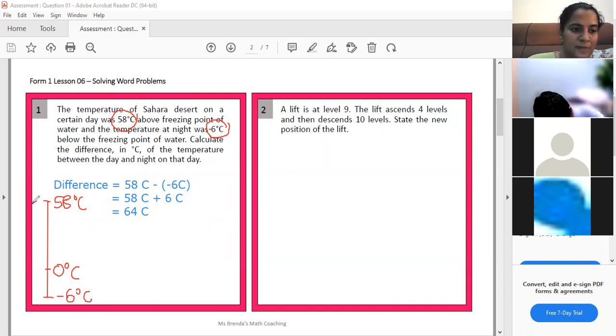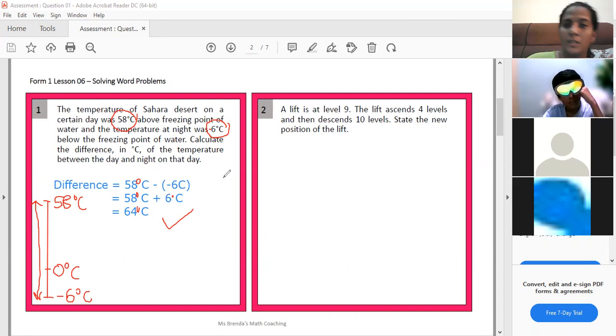So difference is finding all the way from the maximum to the minimum value. Do you understand? So this is how you answer. I'm putting in the degrees here. Got it? Do you have this written on your modules? All of you?